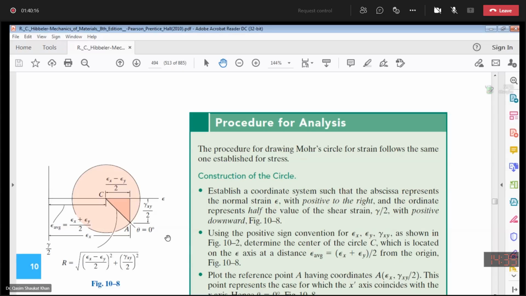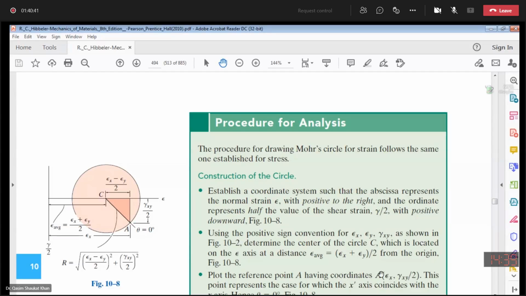This is the change, because on the vertical component you have gamma by 2, and this gamma by 2 was derived from the equation where you got sine 2 theta over 2. So this 2 came from the derivation. So your coordinate of the point A will be epsilon x comma gamma xy over 2.